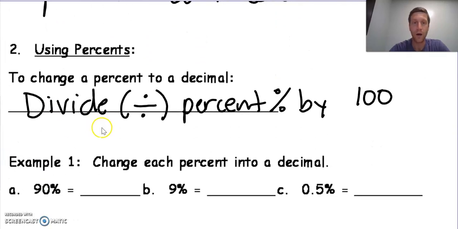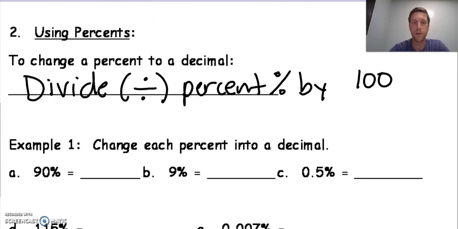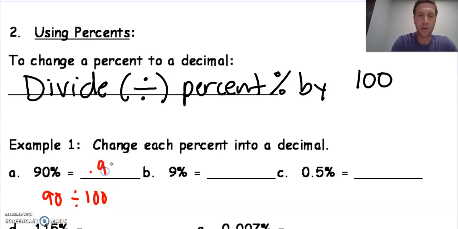So, okay. First thing we want to talk about is converting a percent to a decimal. This is nothing new, but I just want to reground this idea. You always want to divide the percent by 100. So 90%, we want to do 90 divided by 100, and that's going to give us 0.9 or 0.90.